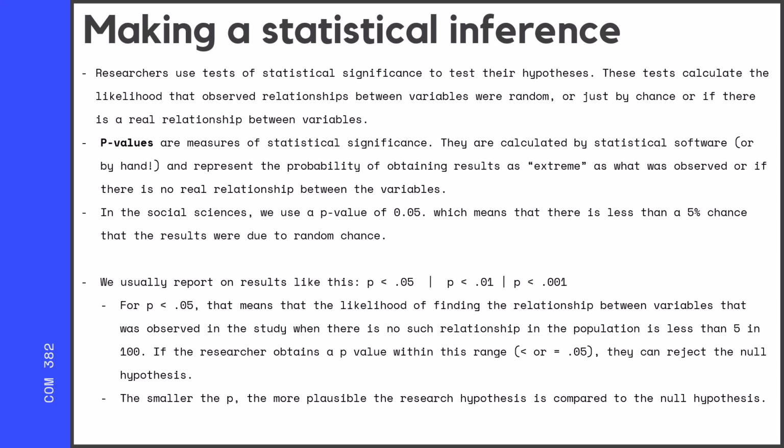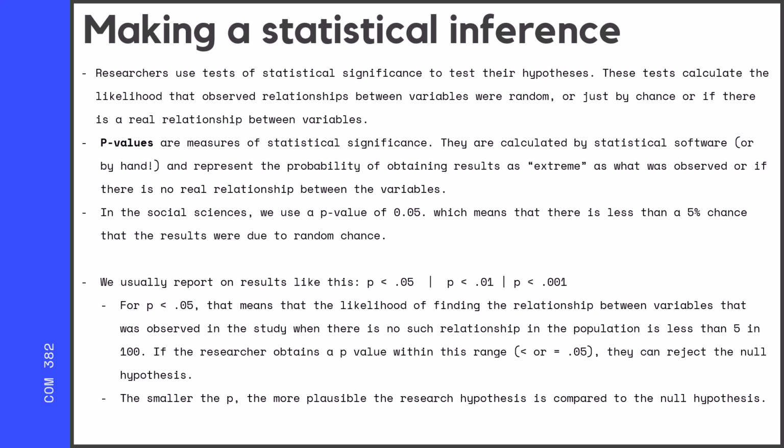We usually report results as less than 0.05, less than 0.01, or less than 0.001. The lower the p-value, the more certainty we have that it wasn't just due to chance.